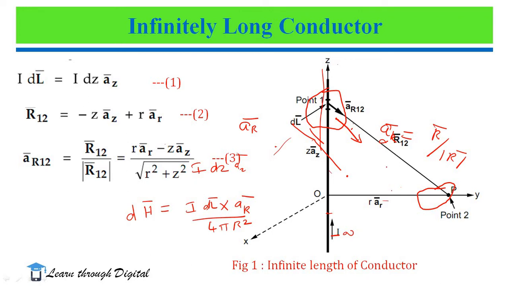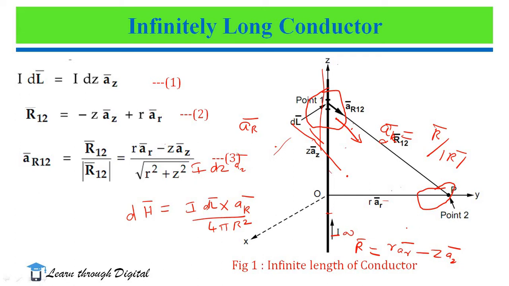So we are going to find the distance vector. Distance vector is nothing but the difference between the ending point and the starting point. Here the end point is the point where we are going to determine H vector, and point 1 is the location of the differential current element. So therefore r vector is r ar vector minus z az vector.